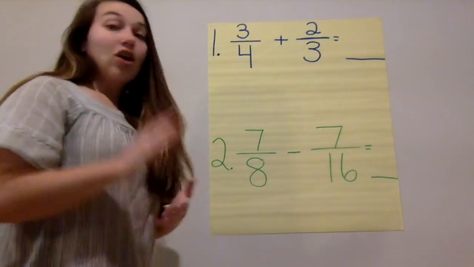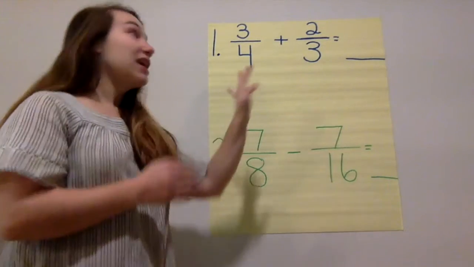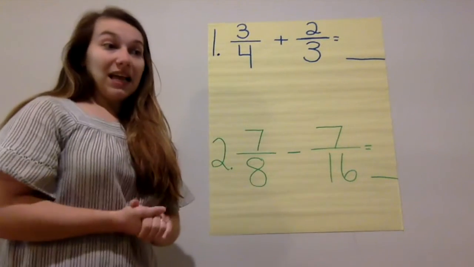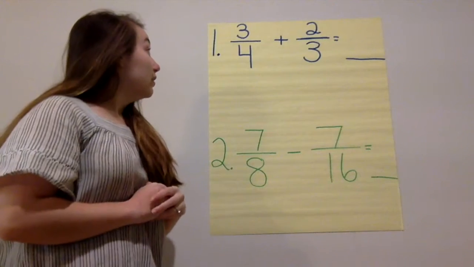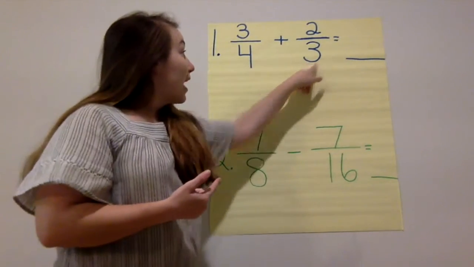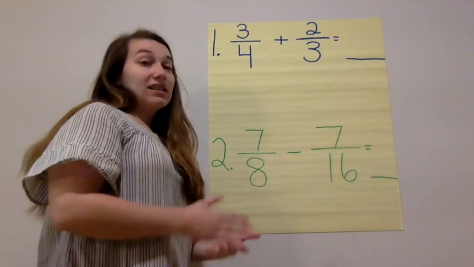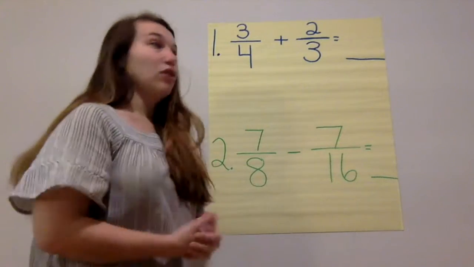So we talked about 2 different strategies on Wednesday for taking numbers and making them the same. The first one was multiplying by the other denominator, and the second one was finding the least common multiple.